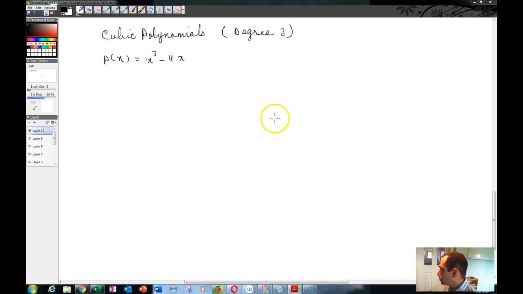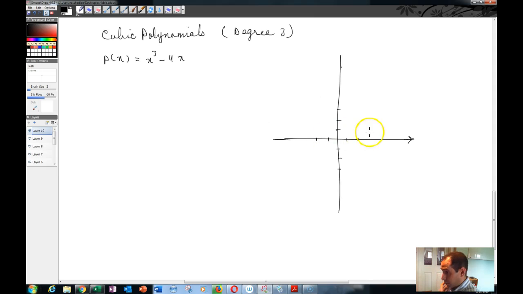it's going to be something like this. I'm going to save you the time, because my goal is not to teach you how to draw graphs, at least not right now. So let's say that you have 1, 2, 3 and 1, 2, 3 over here, and then you have 1 and 2 over here, and 1 and negative 2 over here, and this point is negative 1 and negative 3.